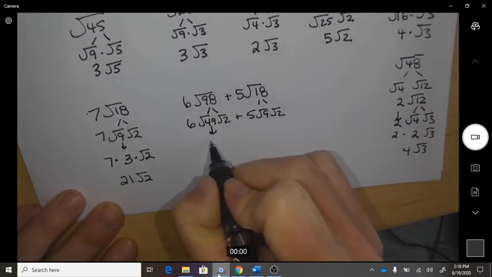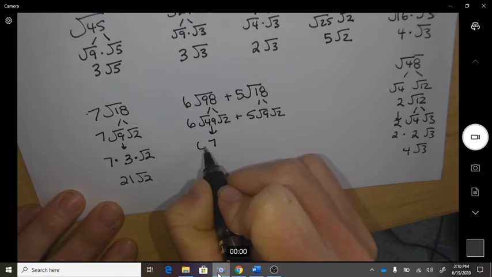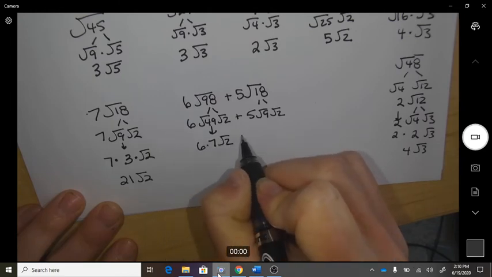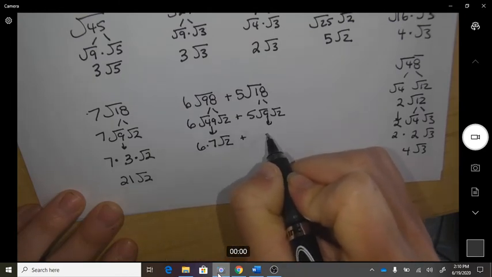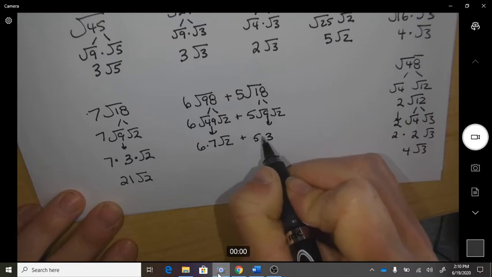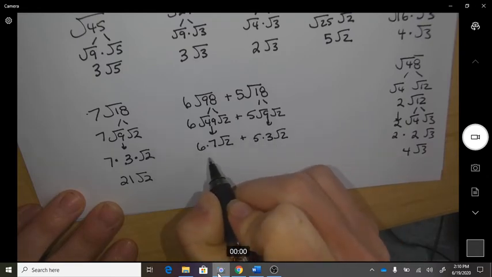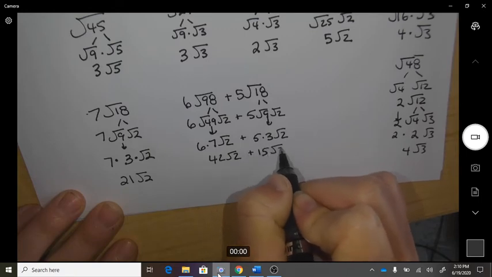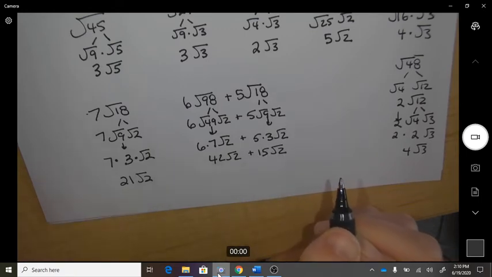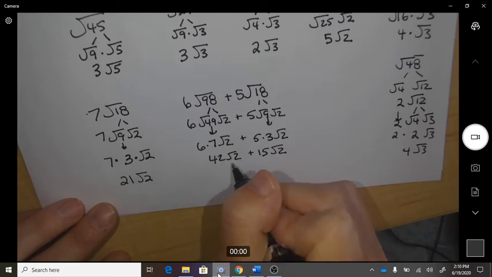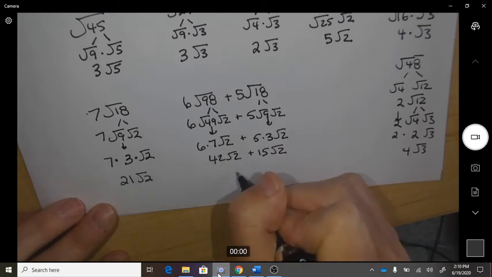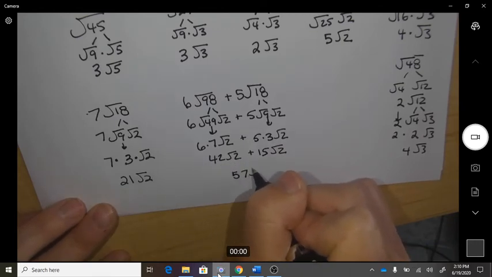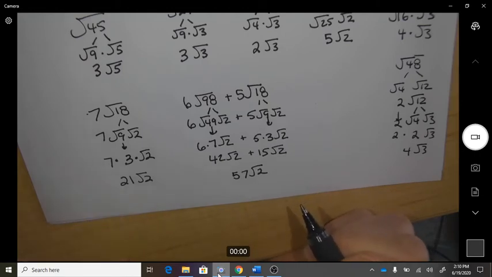So 49 is what I would change to a 7. And root 9 I would change to a 3. So this is 42 root 2's and 15 root 2's. And since they are the same radical, I can put them together to be 57 root 2.